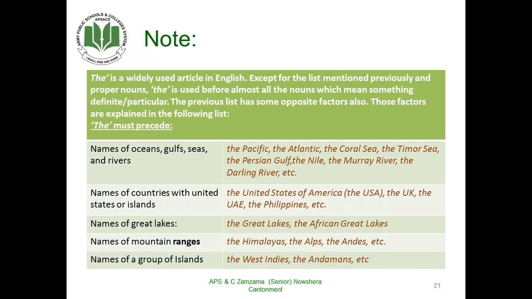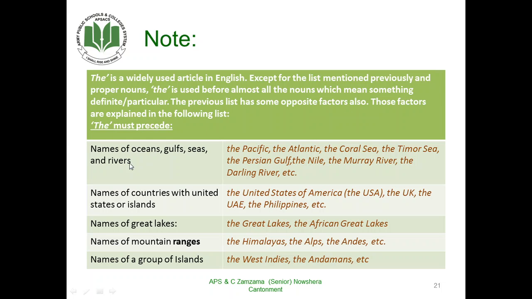Now, here is another exception. "The" is a widely used article in English except for the list mentioned previously and proper nouns. "The" is used before almost all the nouns which mean something definite, or you can say particular. The previous list has some opposite factors as well, which we are going to discuss here. Those factors are explained in the following list.